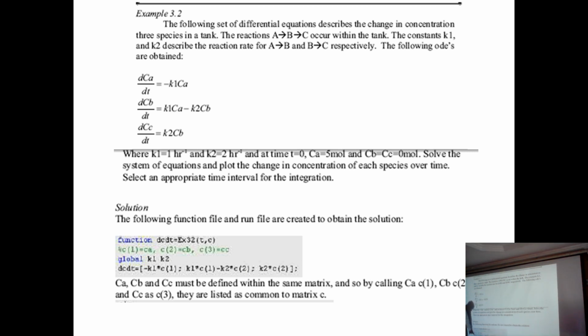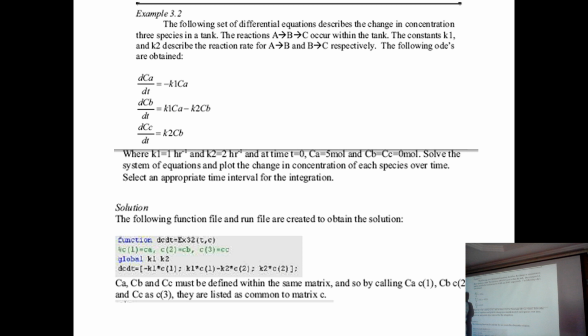dc dt is equal to minus k1 into c of 1, because all the concentrations, concentration of A or B or C, whatever the component, I represent with C only. With 1, 2, 3, as I already told, only one variable name can be used to access the different columns.